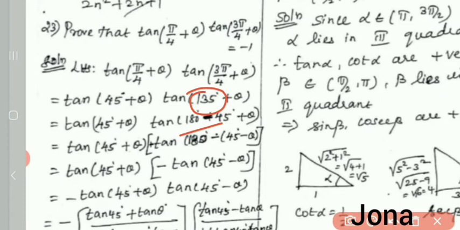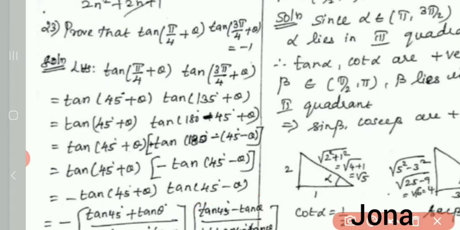So I got here tan of 45 degree plus theta, and here I got minus tan of 45 degree minus theta. This is a product only, so the minus will go off here. So the remaining things are tan of 45 degree plus theta into tan of 45 degree minus theta.